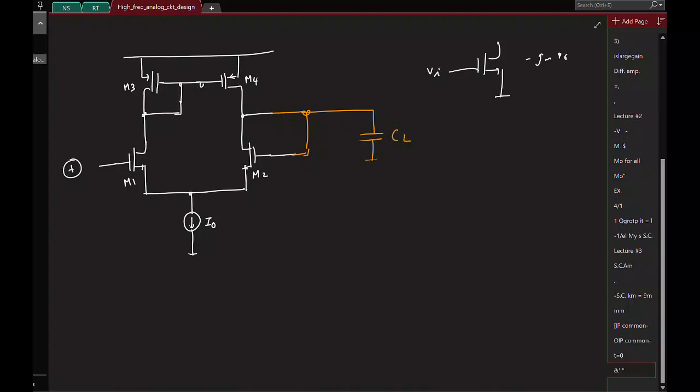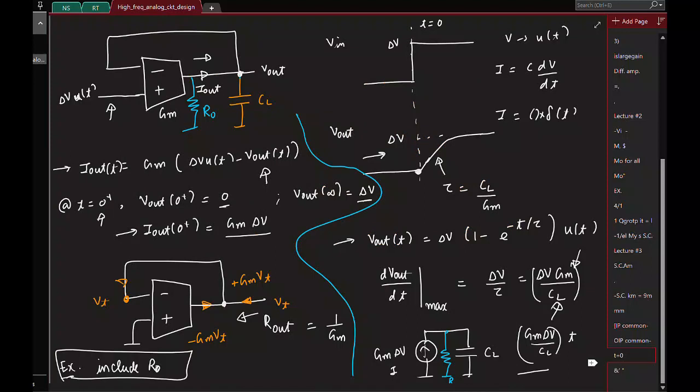So now let's find out the maximum slope here again. And you know that for the maximum slope, what time instant should I be looking at? 0 plus. So at t equal to 0 plus, you see that Vout is 0, which means basically the feedback has not started to work.